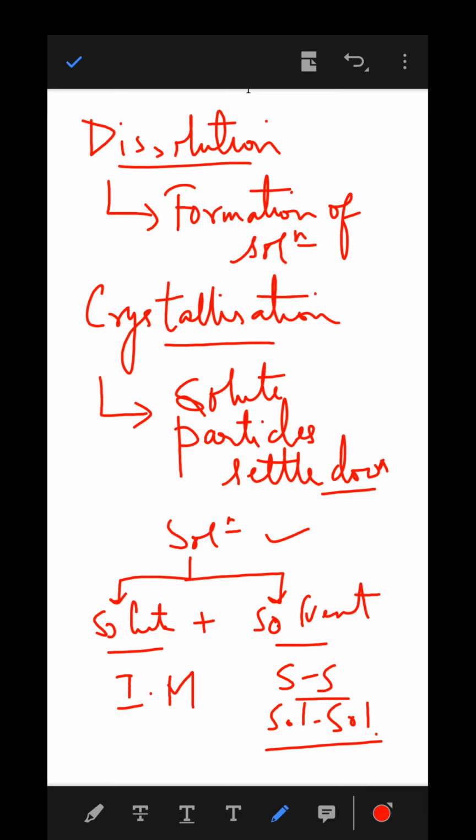So when the solute is dissolved, say salt and sugar, when you dissolve salt and sugar and you stir it around, you will see that the particles become smaller and smaller, isn't it?